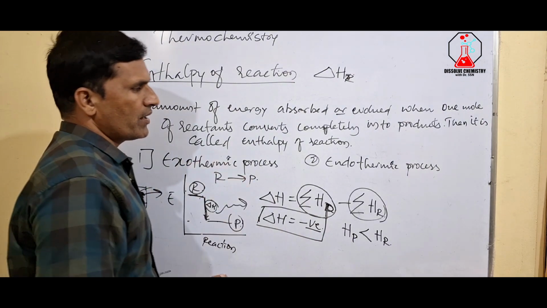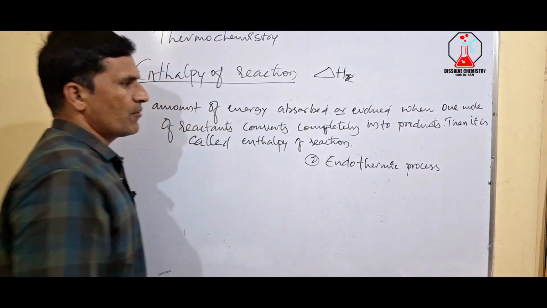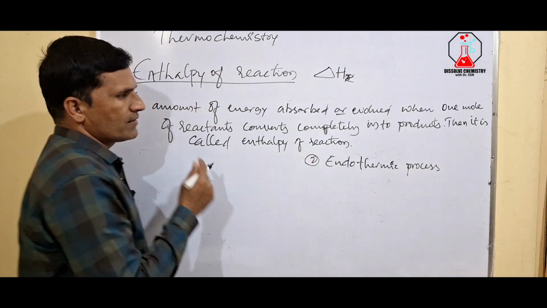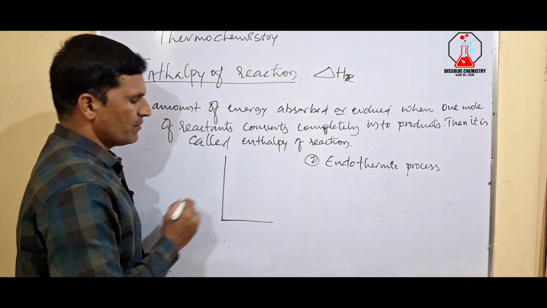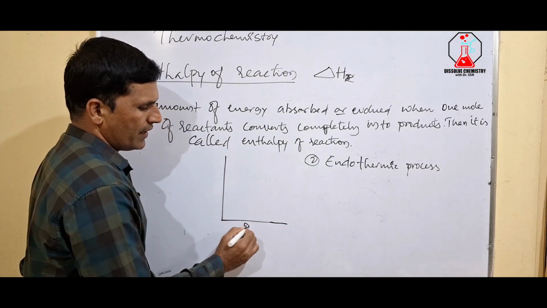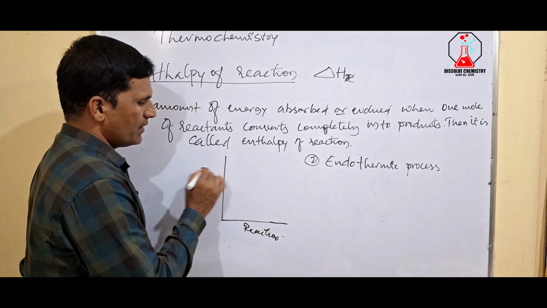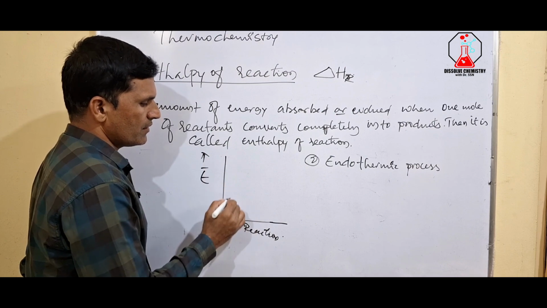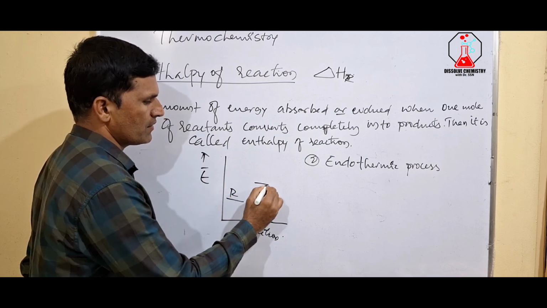Similarly, we will talk about the endothermic process. Say for example, for this also we will draw an energy diagram, with the reaction coordinate. So we will see the energetics of this reaction. The reactants have, say for example, this energy, and your product is somewhere here.